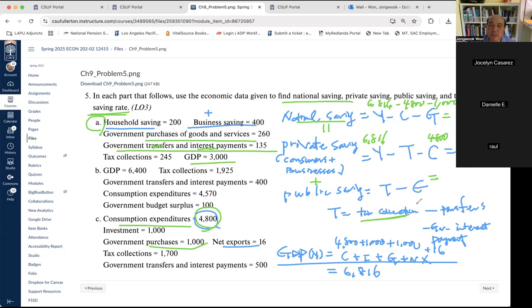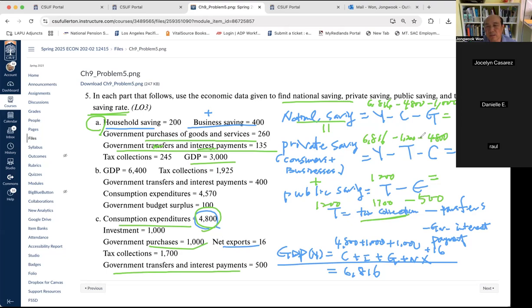We don't know T, but it says tax collection is 1,700, and transfers and interest payment total is 500, right? So T becomes 1,200.